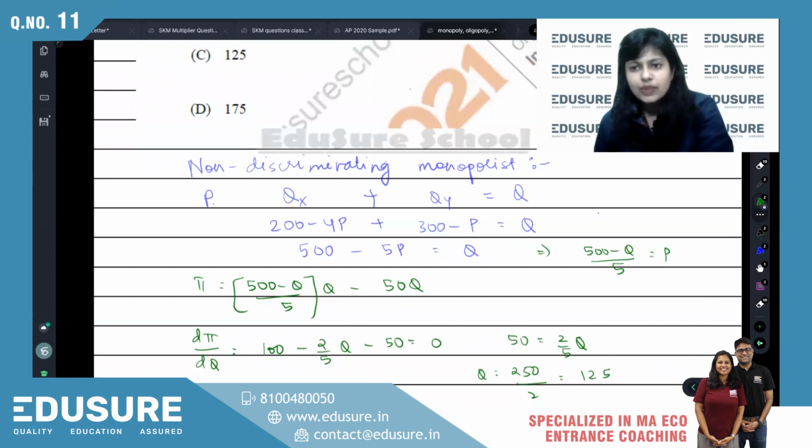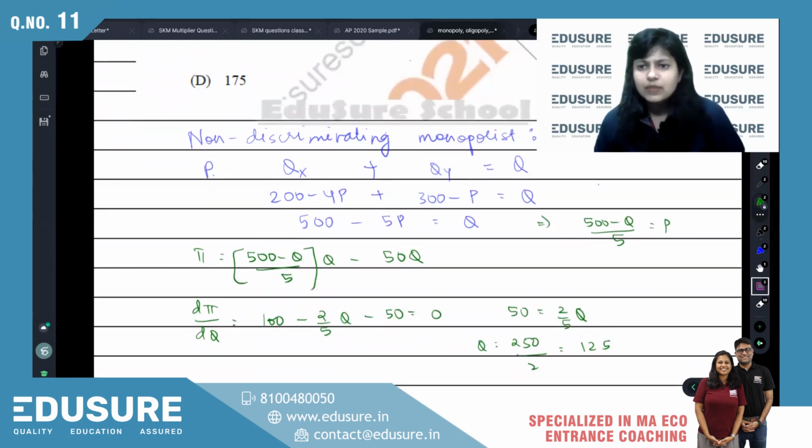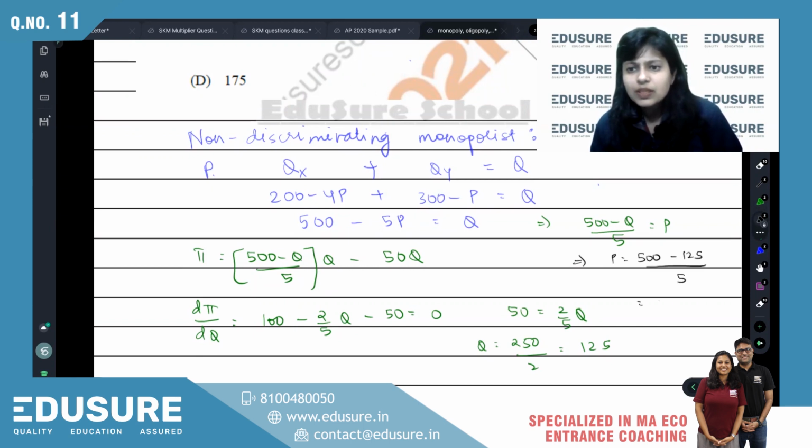If Q is 125, then what is P? P will be 500 minus 125 by 5, so 375 by 5, which is 75. Usually this is the answer.